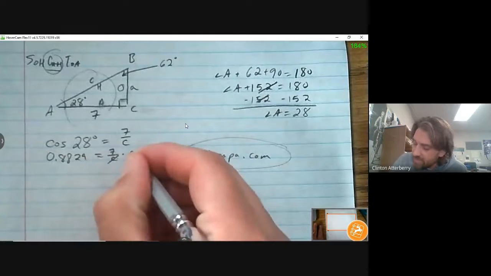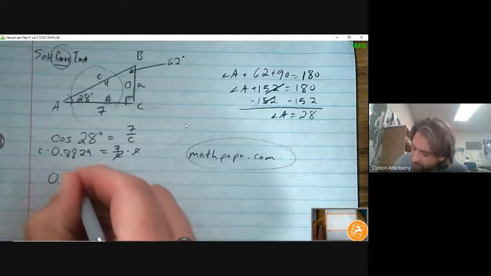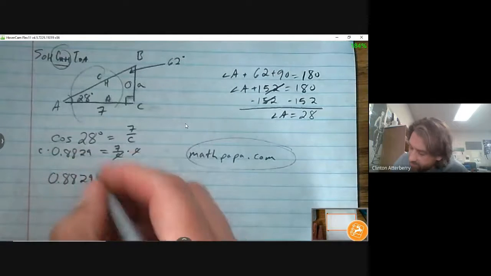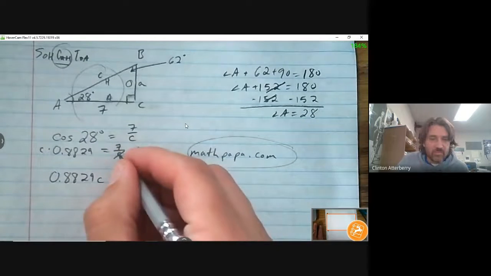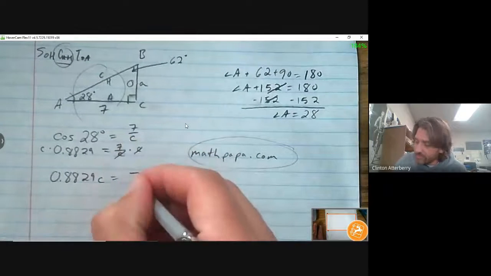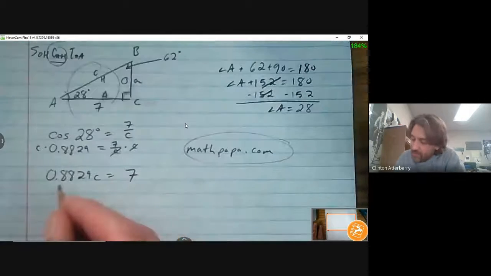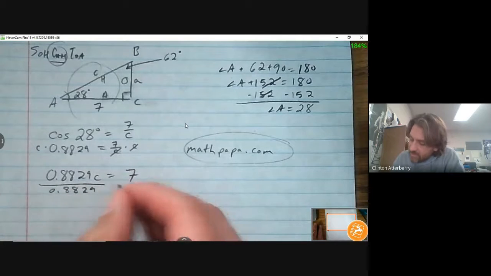We're going to multiply both sides by c. Okay, so what we get is 0.8829 times c. So just put the c afterwards, and that equals... So we multiply both sides by the denominator. It gets rid of it, and all we're left with is just the 7. So now we're going to divide both sides by 0.8829.